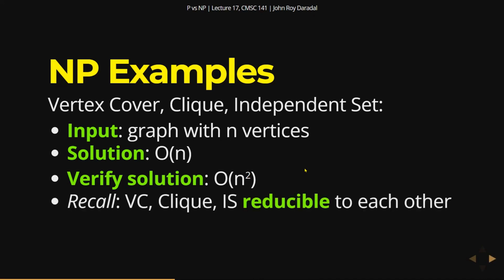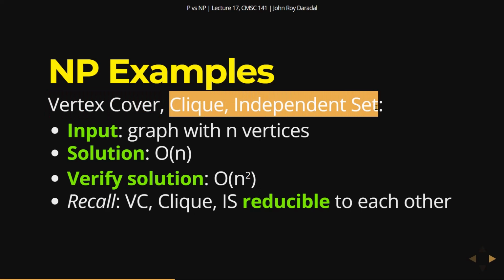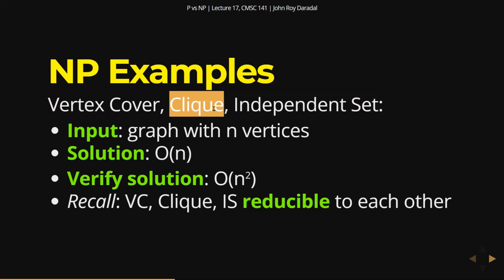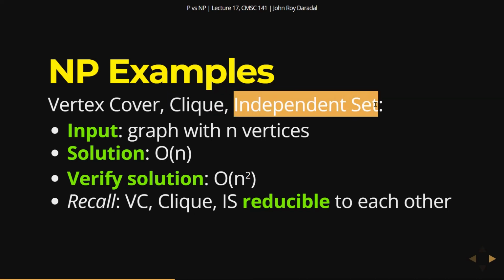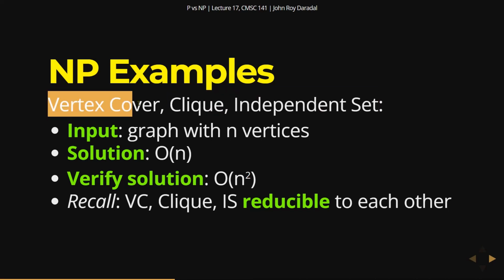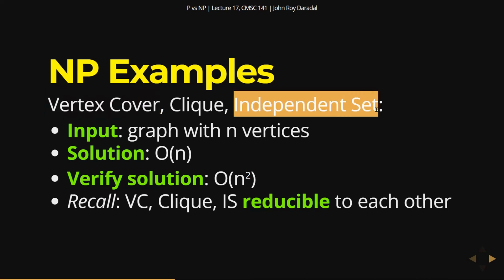Recall also that these three are reducible to each other, right? Clique and independent set have a relation in which clique's answer can be independent set's answer on the inverse graph. And for vertex cover and independent set, the solution is the opposite.